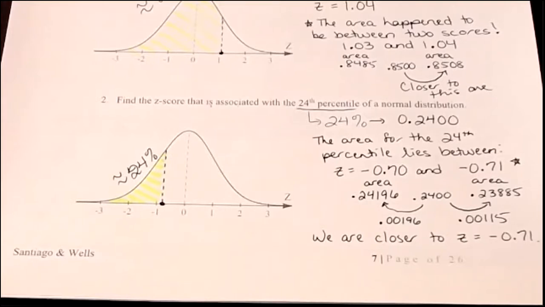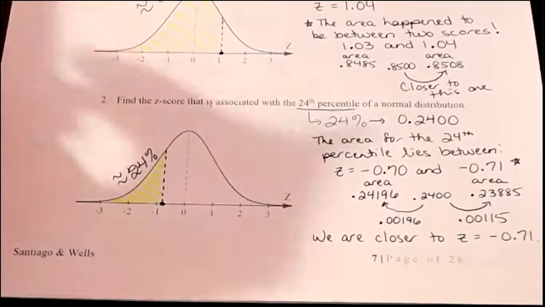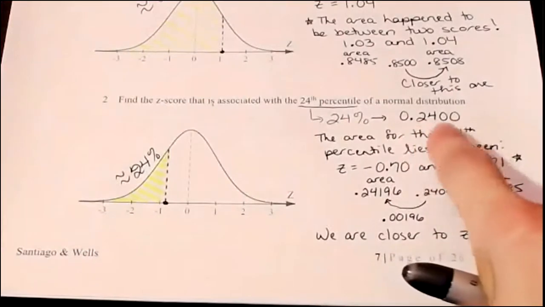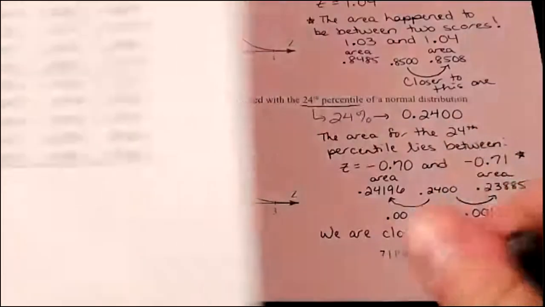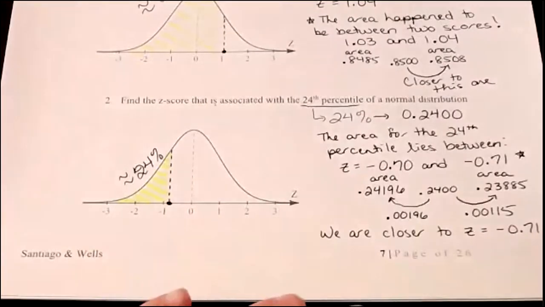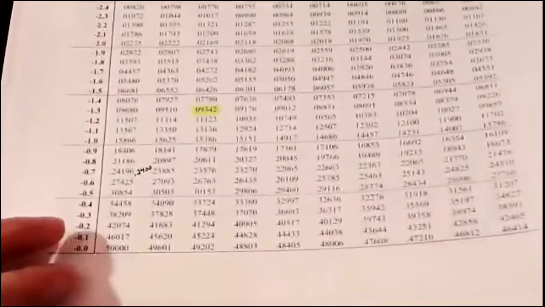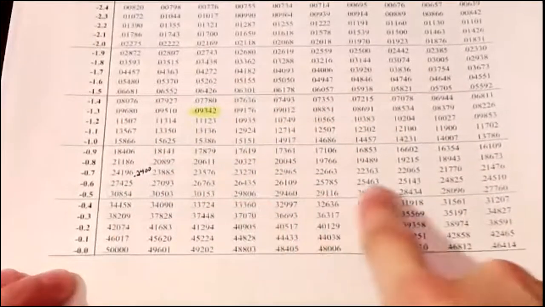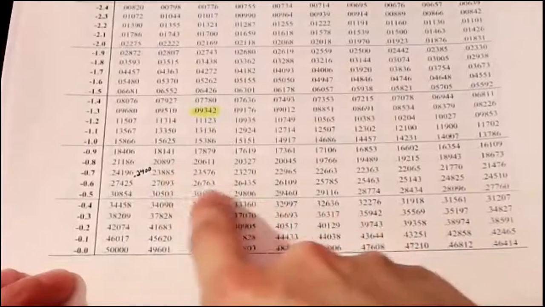How did you get negative 0.70 and negative 0.71? Because I'm looking for this area, 0.2400, I went to the negative side of my z-score table and I was scoping out all of these areas until I found 0.2400.